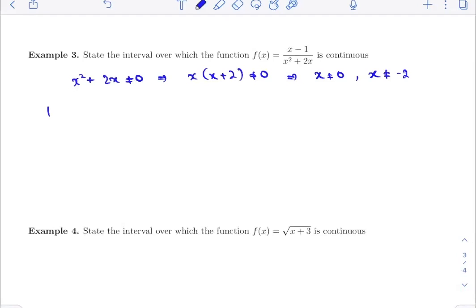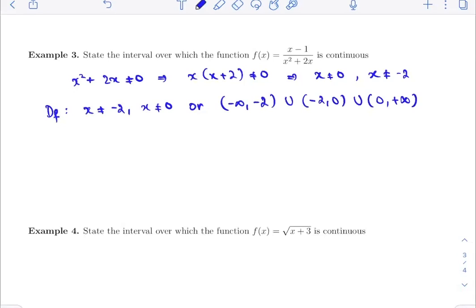Therefore, you can write the domain as x different from -2, x different from 0. Or in interval notation, the function is defined on the interval from -infinity to -2, union with -2 to 0, and union with 0 to +infinity.